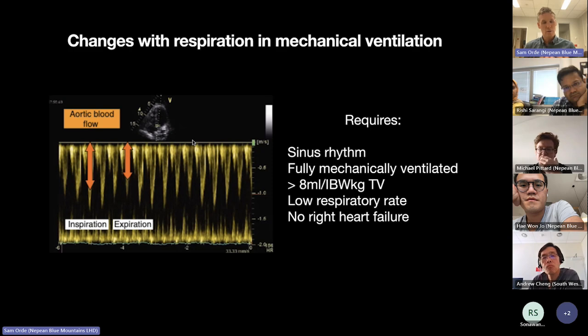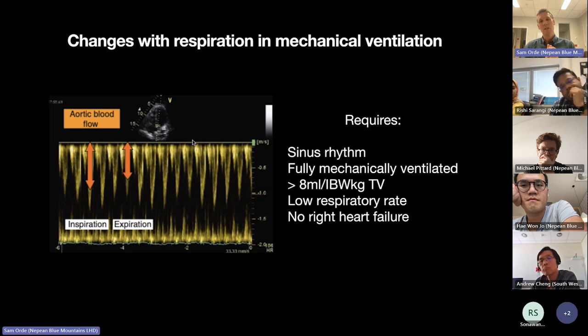Heart-lung interactions is probably a part of another talk coming in, but as you know, when we're getting insufflation, we are forcing air into the lungs, and during expiration you're going to reduce that, and with full mechanical ventilation that may cause reductions in our LV preload if you are preload responsive.